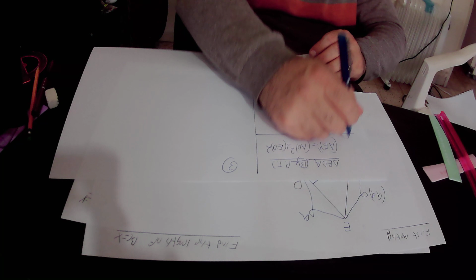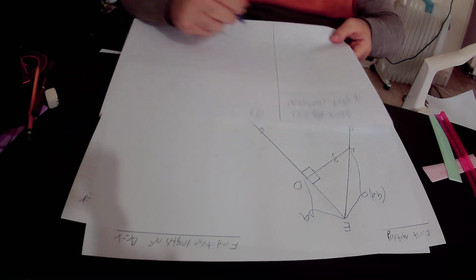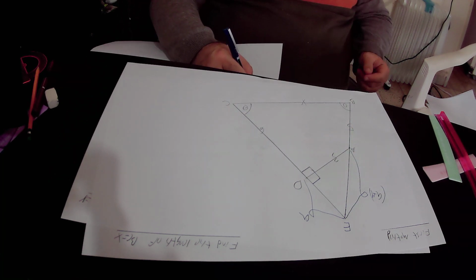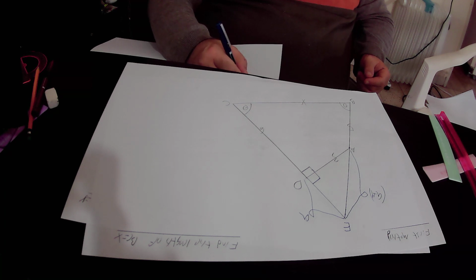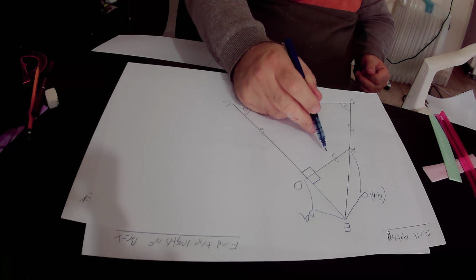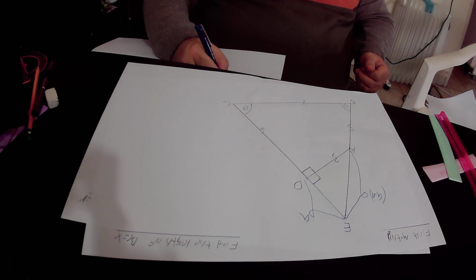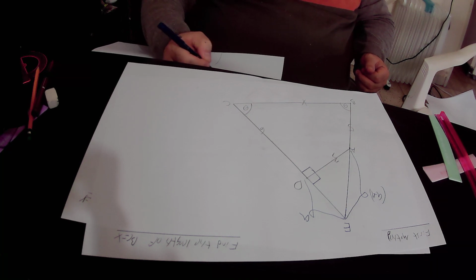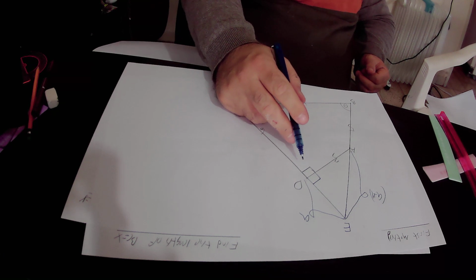So according to equation number 1, AE squared equals AD squared. AD equals 3 according to what is given in the question. So AD squared is 3 squared, that is 9, plus ED squared. ED equals a according to our definition, so ED squared is a squared.